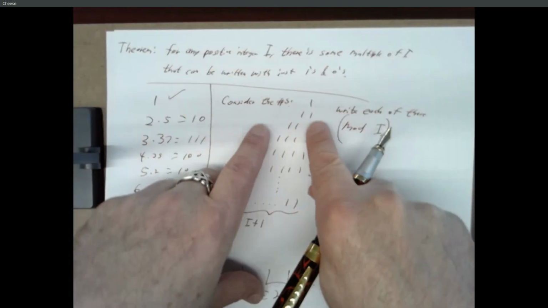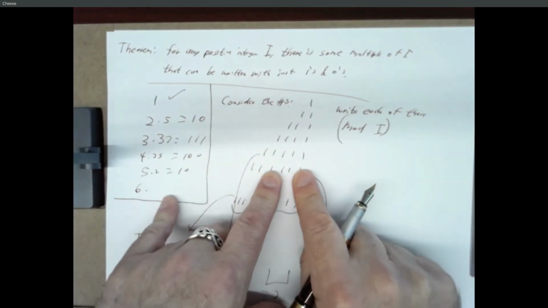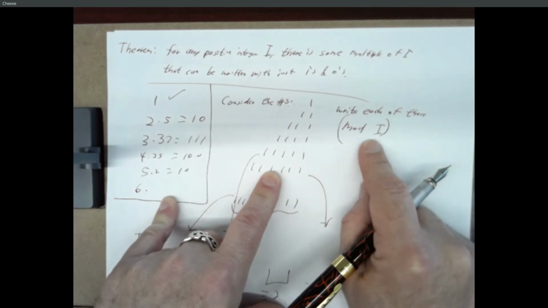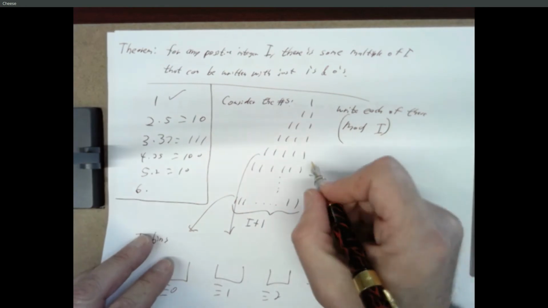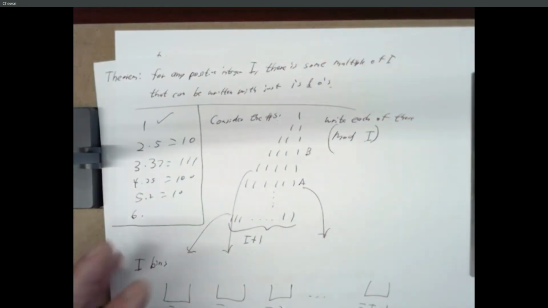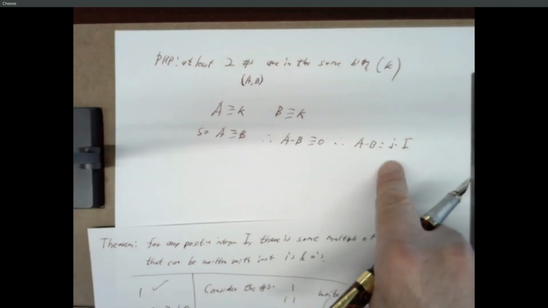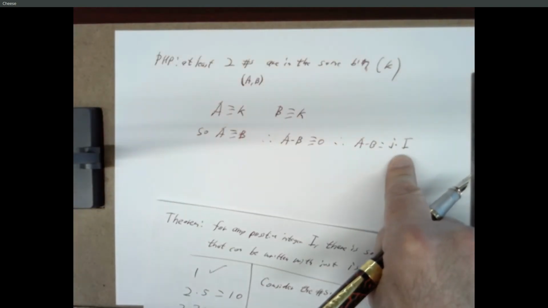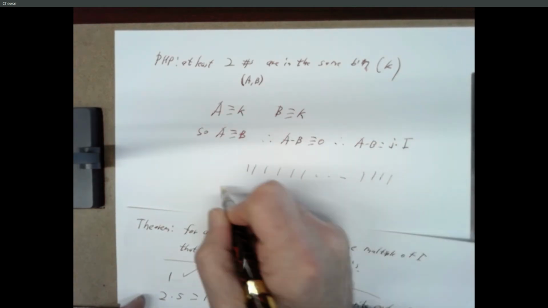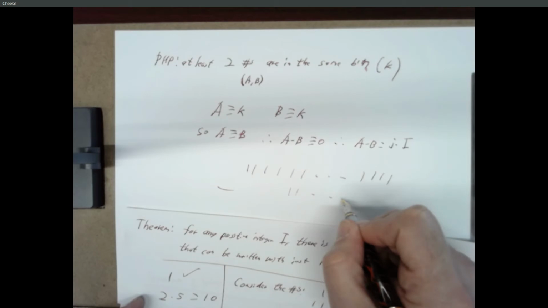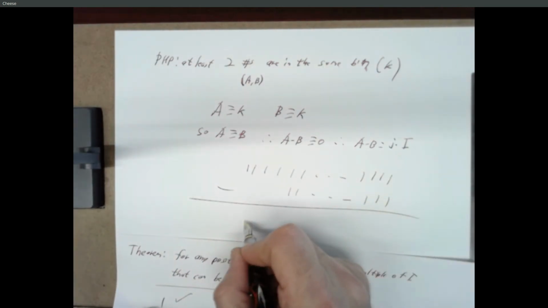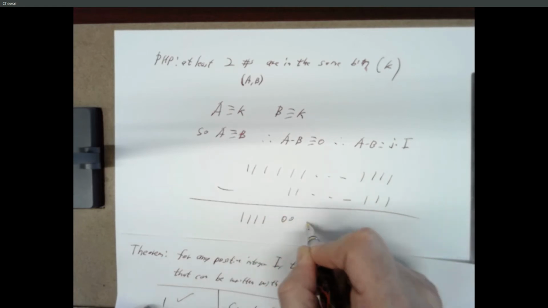So there are 2 numbers in this form that are just written as a succession of 1s whose difference is a multiple of I. So let's just suppose that A is the larger of the 2 numbers and B is the smaller. Then A minus B is going to be a multiple of I, and A minus B is going to look like a difference like this, which is going to be a bunch of 1s followed by a bunch of 0s.